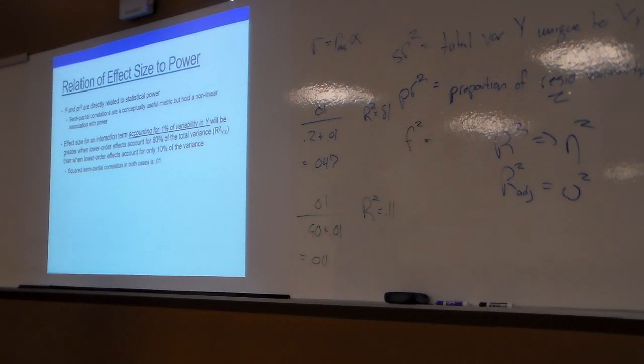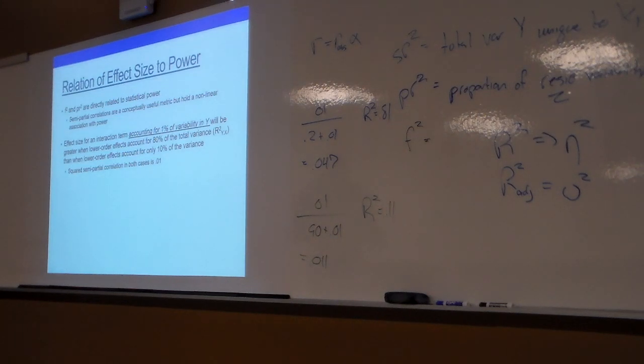So I would say the proportion of total variability in Y uniquely attributable to X is 1% of the total variability in Y. So in both of these, my semi-partial correlation hasn't changed, but my partial correlation goes from 0.01 if I've accounted for 11% of the variability, same sort of region right here, and jumps up to close to 0.05 if I've done a good job of accounting for total variability, right?